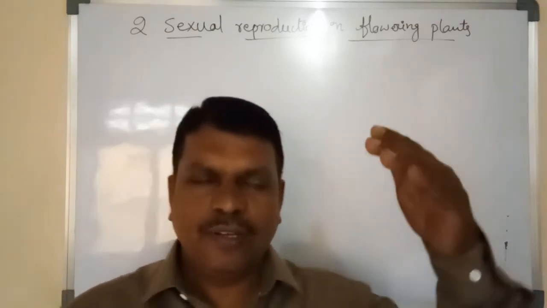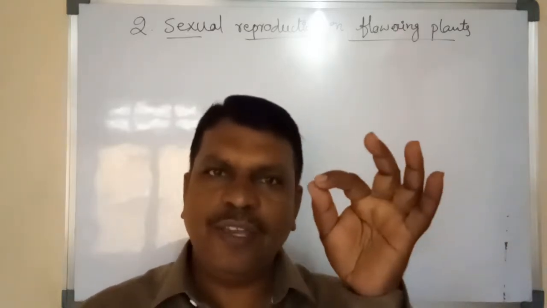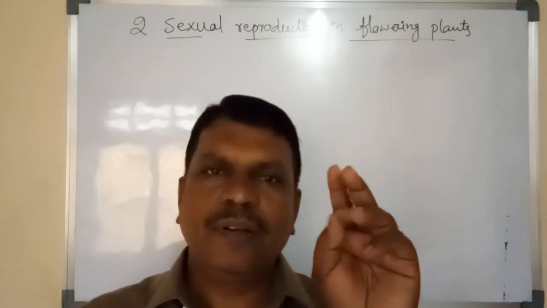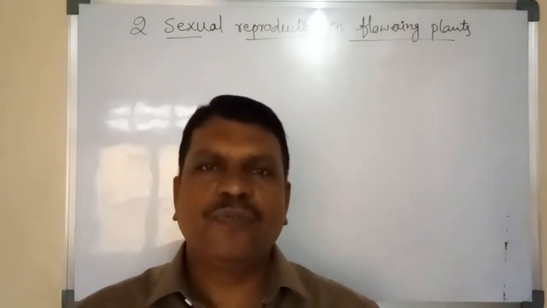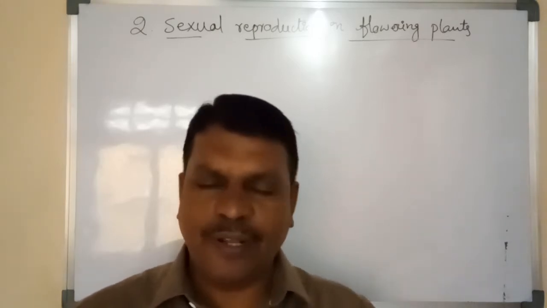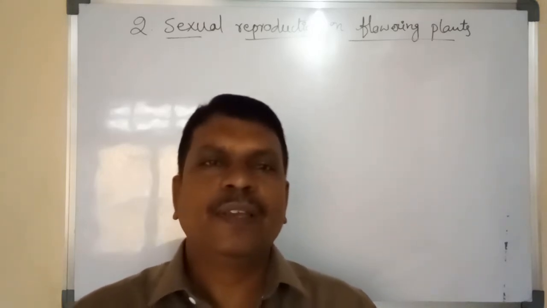If you want to cross-check, from 2014 to 2020 every year in every NEET exam, minimum 2 to 3 questions and maximum 4 questions were frequently asked. Hence you must concentrate on this chapter. Don't neglect it. Right?